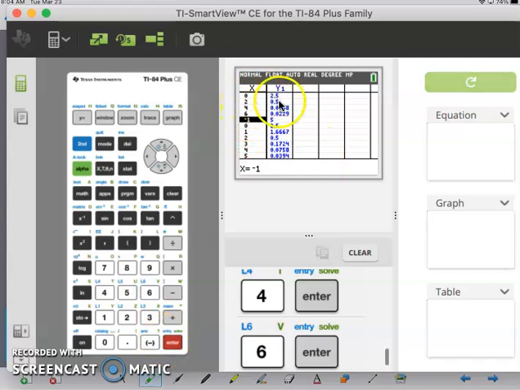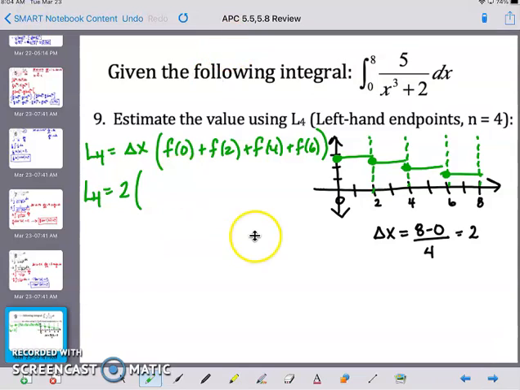Right there, I have the values that I need for my equation: 2.5, 0.5, 0.0758, and 0.0229. So I'm going to plug those into my equation here.